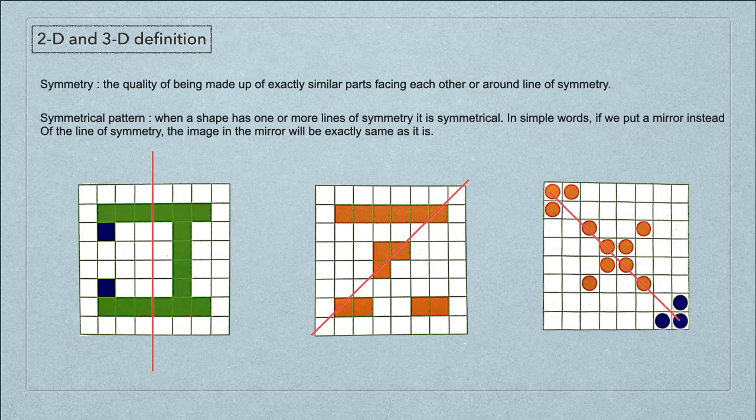Yes, it absolutely is. It means if you fold the shape from the red line, the two bottom and upper parts are going to cover each other in a very perfect way. So it is symmetrical. Let's continue. Well, this is not working.